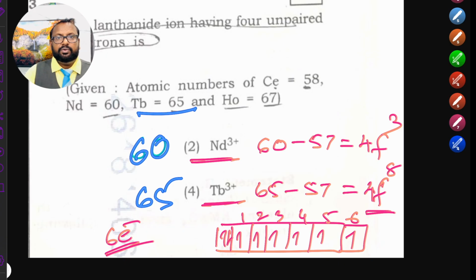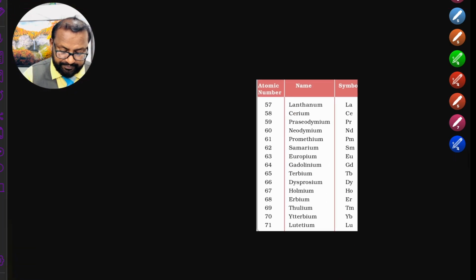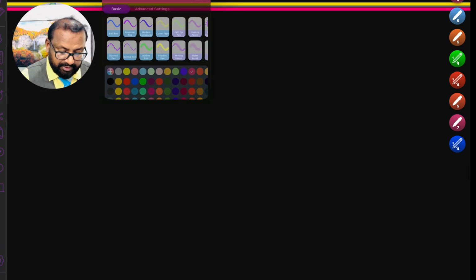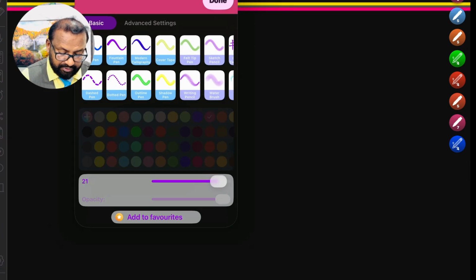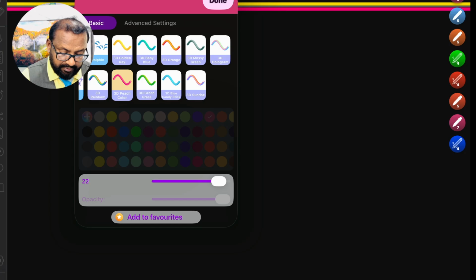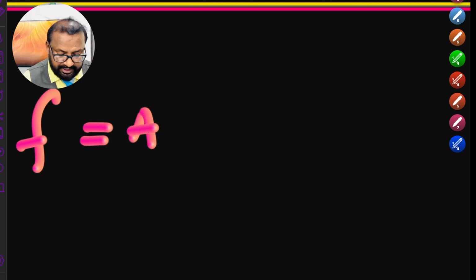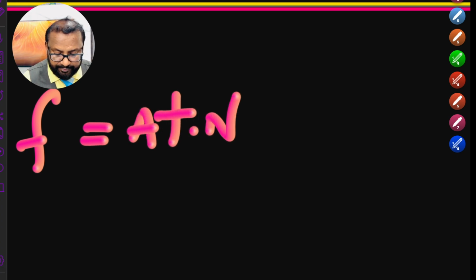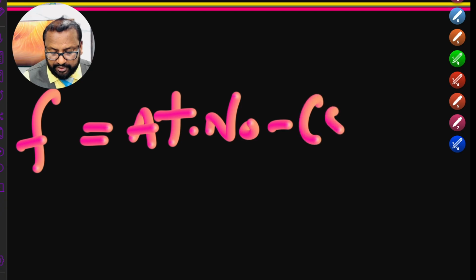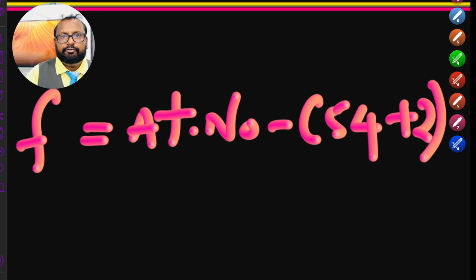In this way, you can solve any type of question if you know the formula. Let me give the formula once again. For f electrons of the neutral atoms, you subtract atomic number minus 54 plus 2 for all 14 elements, except for 3 exceptions.